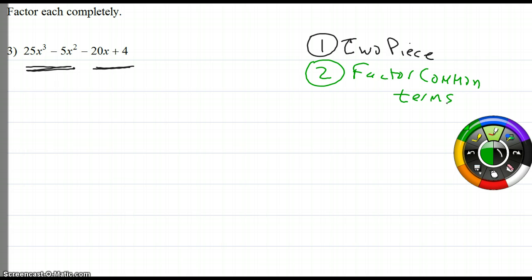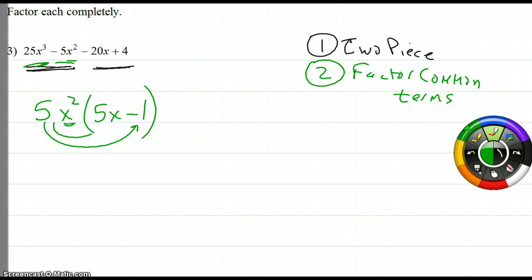In this first example, I see that they both have a 5, and they both have an x squared. What's left? 5 times 5 is 25, and I need an x because I have an x cubed here. 5 times what is a negative 5? That would be a minus 1, and I don't need any x squareds because I have them all.